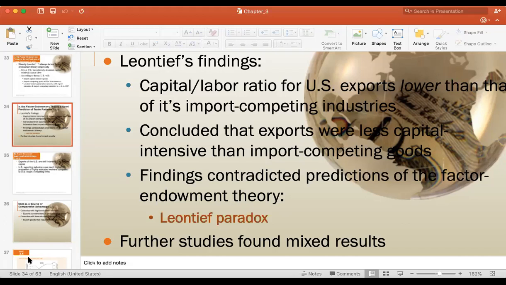So there's a huge difference between exporting skilled-labor intensive goods and simply labor intensive goods. It makes a huge difference. Why? Because the US is obviously manufacturing goods that require a lot of sophisticated capital as well as skilled labor.